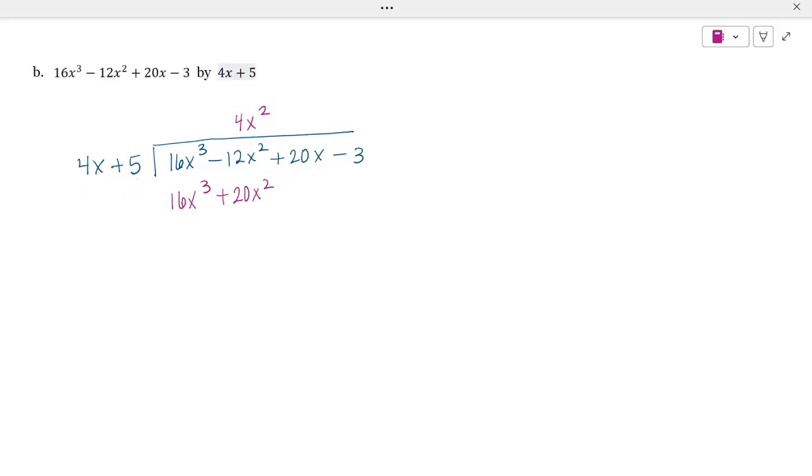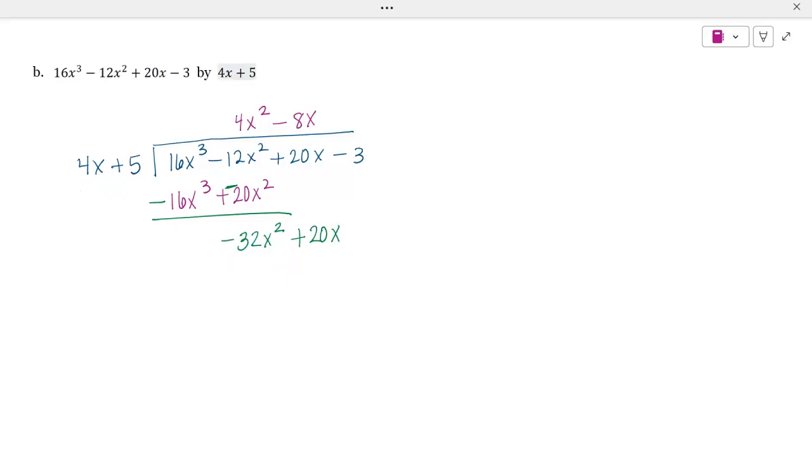Next, we're going to subtract. So this is going to become a minus, and I'll end up with negative 32x squared, and then I bring down the next term. All right, I'm looking at the first term, and I want to know what I would need to multiply by to get negative 32x squared. That'll be minus 8x.